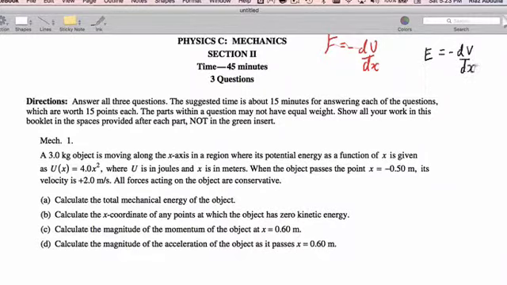So we're actually going to be relating these two things later on. That's just a preview of where we're going because electric field is to force as voltage is to potential energy. So this is what we're working with, and let's just jump into the problem now.